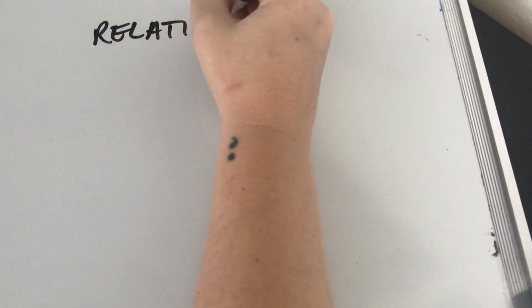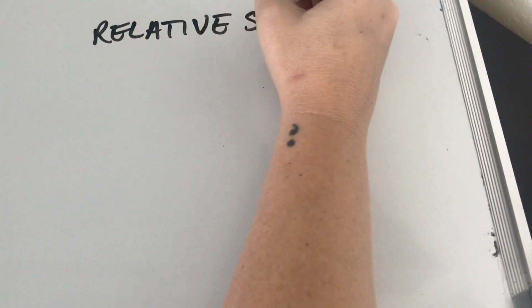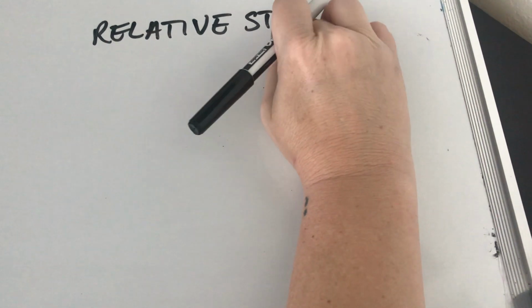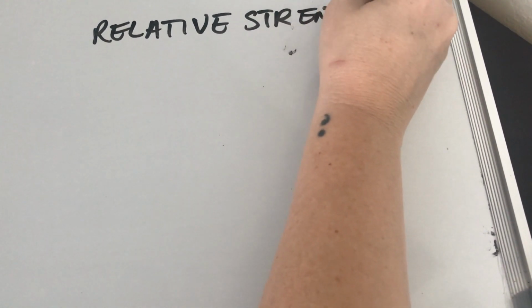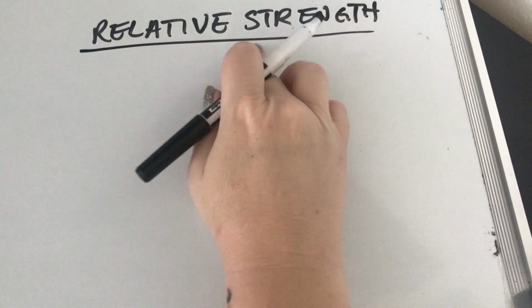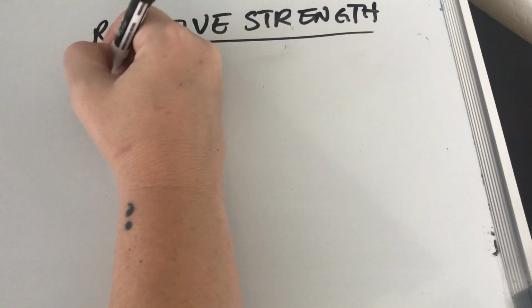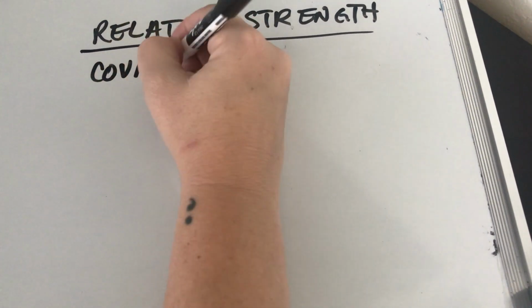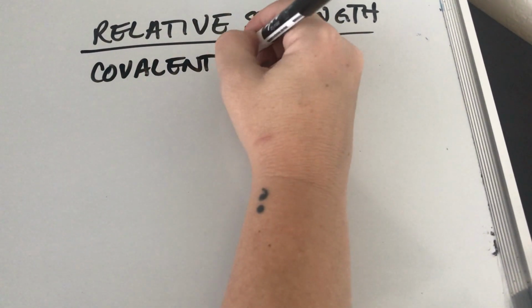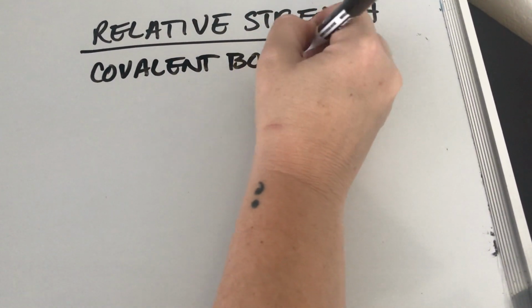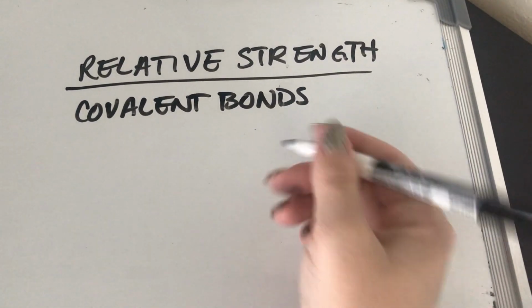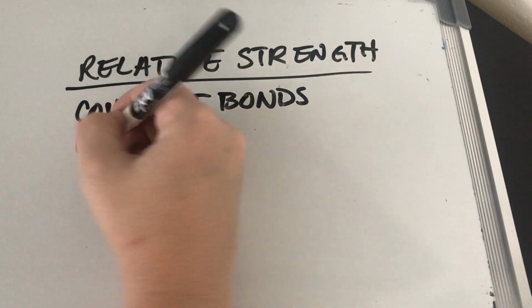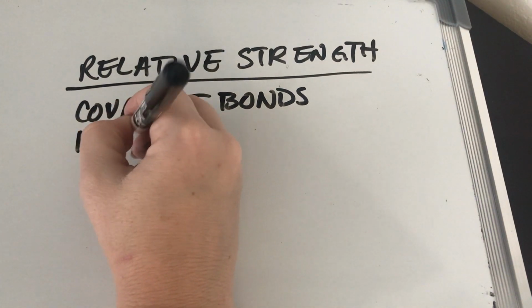So in terms of relative strength, we have covalent bonds and ionic bonds.